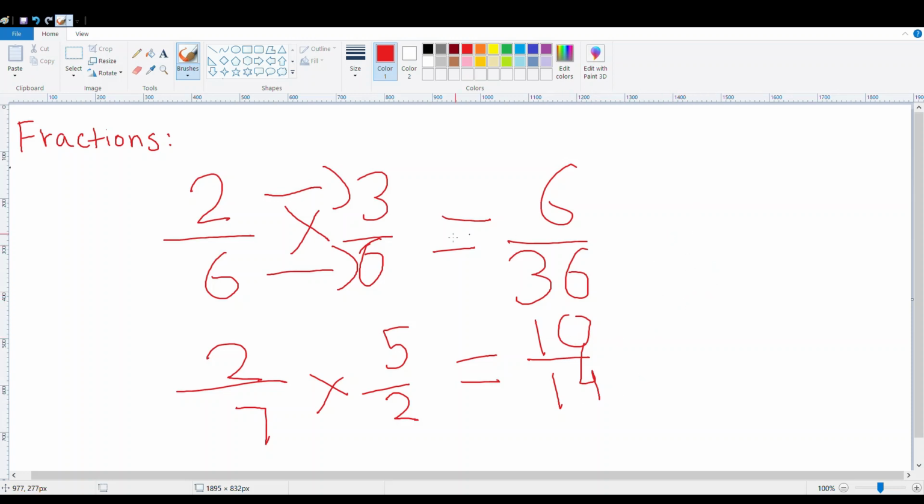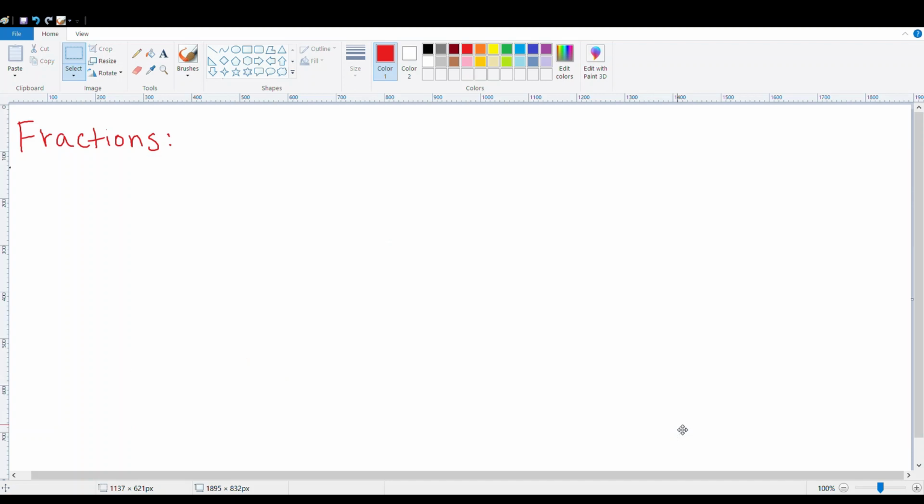And now I'm going to show you how to divide fractions. Okay, so again let's take an example, which is 5 over 10 divided by 6 over 2. Now unlike multiplication, you can't divide directly.